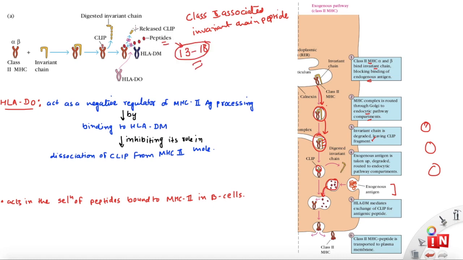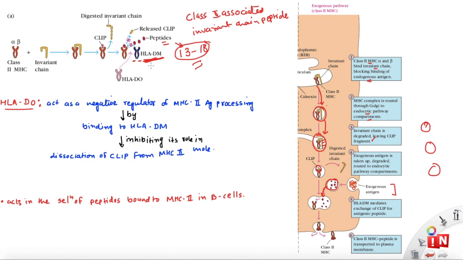In this particular replacement of CLIP by the peptide, we need another molecule called HLA-DM, human leukocyte antigen DM. It is a non-classical MHC2 molecule. We require HLA-DM, and this is going to facilitate the exchange of CLIP for another peptide.